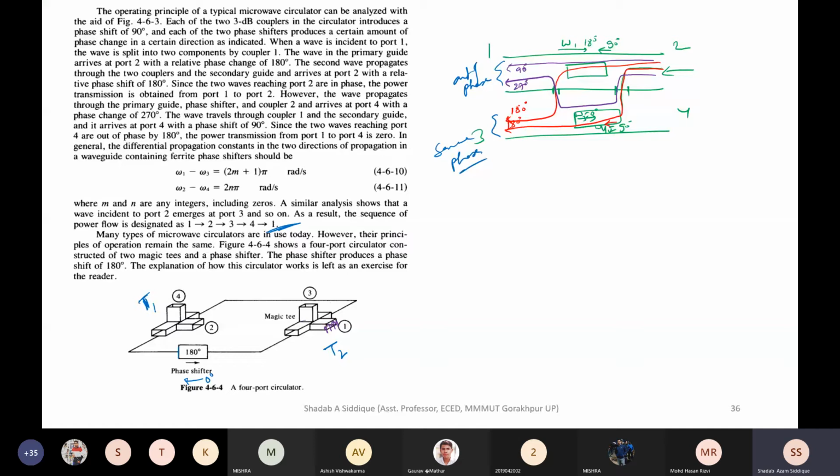Phase means, for the arrow indication, suppose it is in this one direction. If it is 180 degrees out of phase, the direction will be changed. If the tip is in the upward direction, it will become downward.